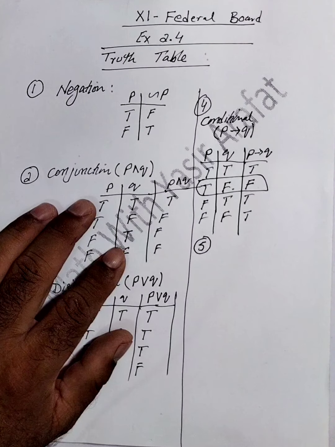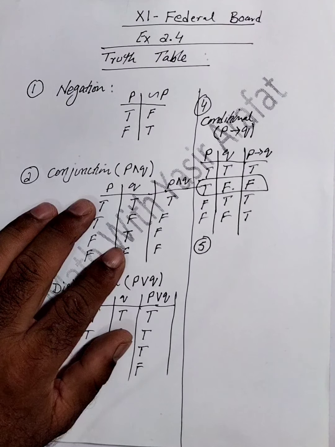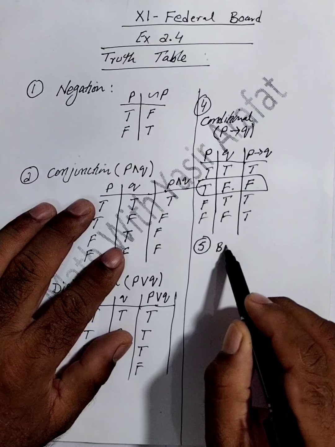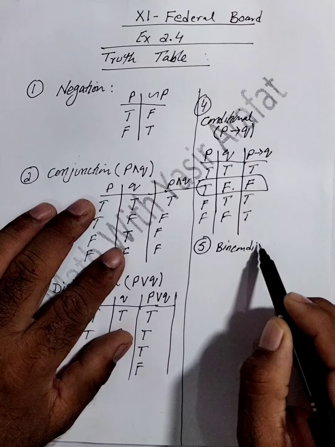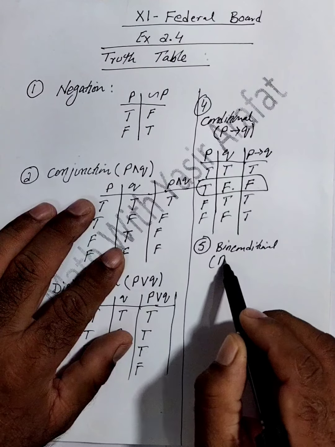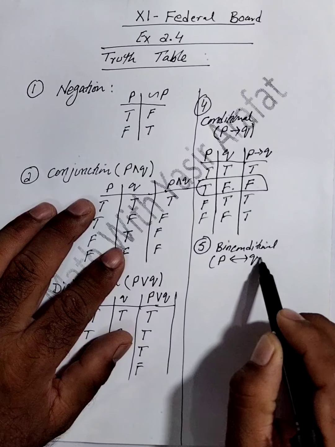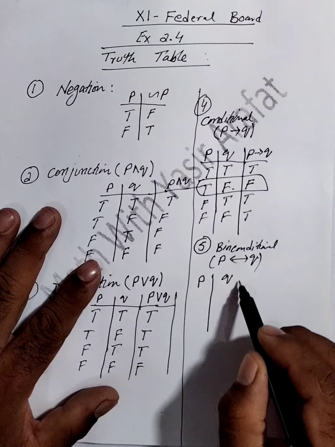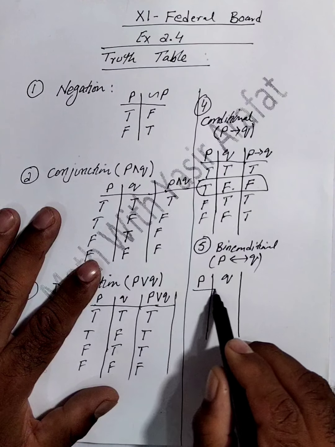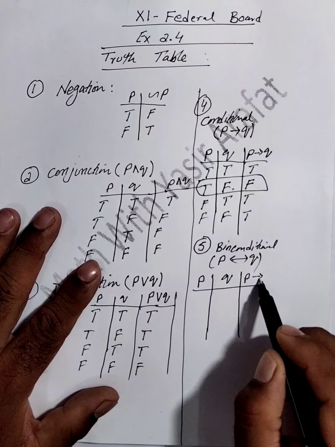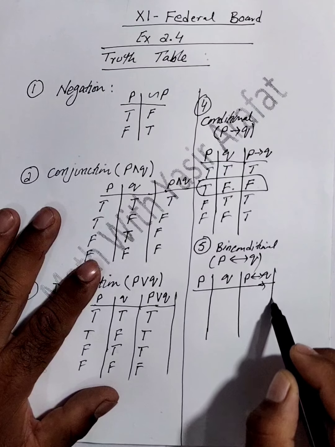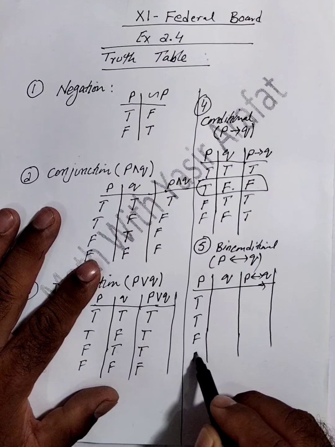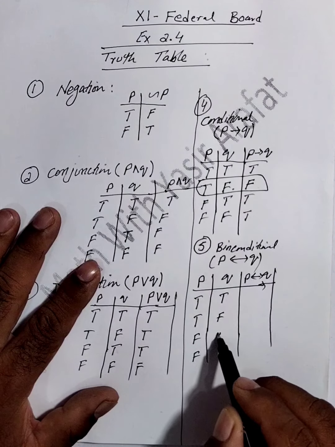In biconditional statement, that is P implies Q. So here this is P, this is Q, and this is P implies Q. Here this is true, this is true, this is false, this is false. True, false, true, false.